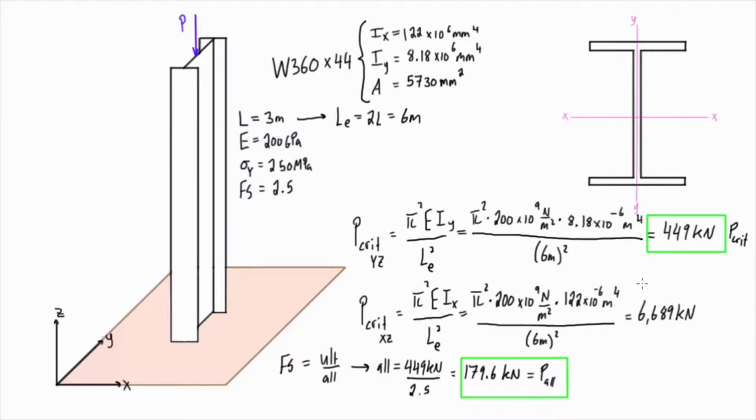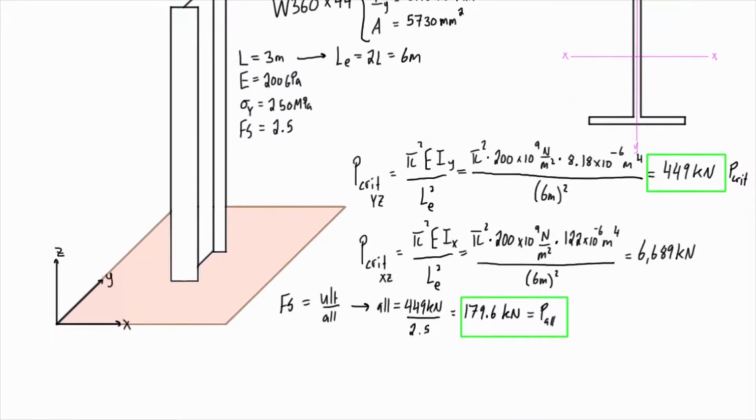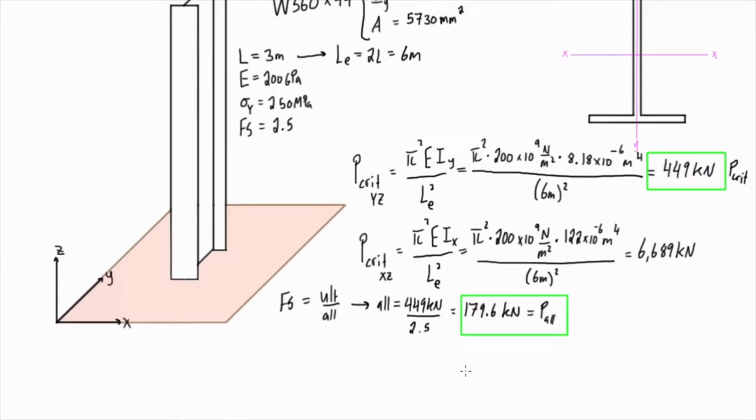One other thing that we should do is check that this column is not going to yield before it buckles. It's a pretty fast check. So we just know that we have our yield stress, which is equal to 250 megapascals, but the stress is also equal to force over area, and this is the force that is going to cause us to get yielding.